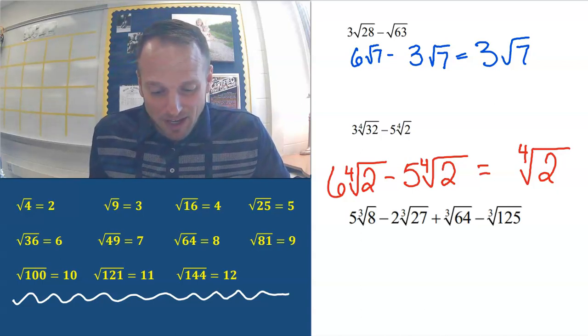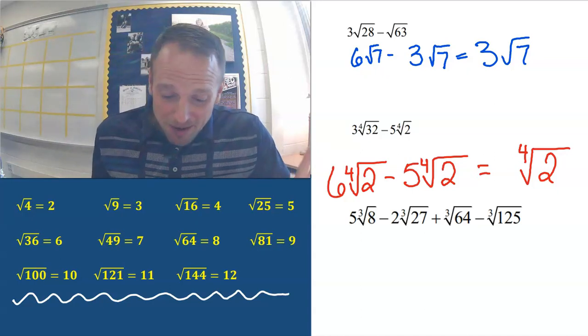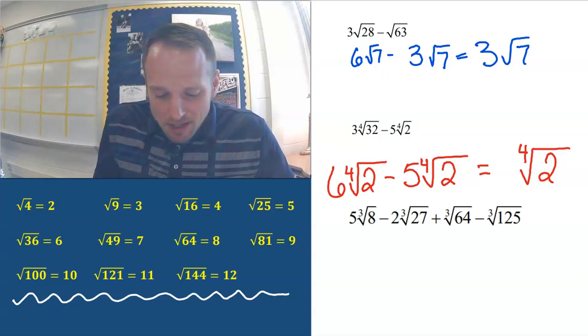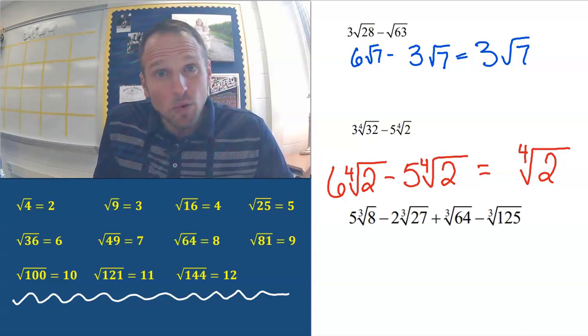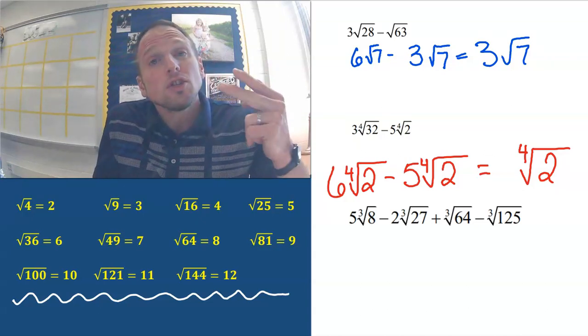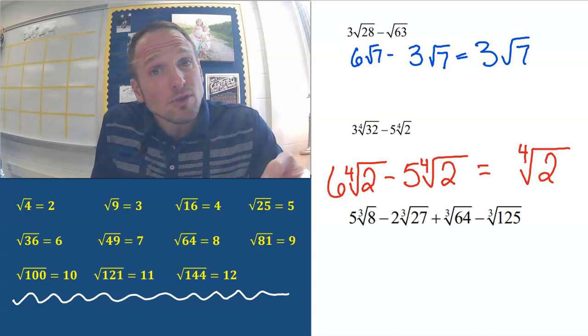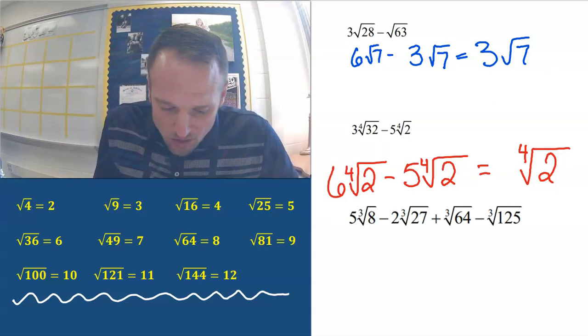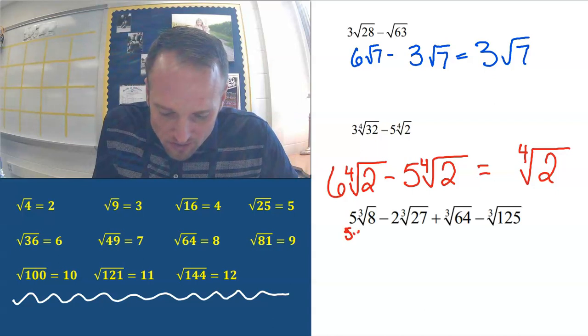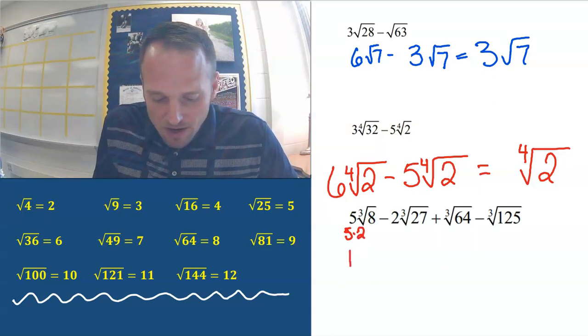Okay, you ready for this one? This one is going to be hard. Maybe it's going to be hard. Let's see. Because these are third roots, and the third root of 8 is actually 2. 2 times 2 times 2 is 8. So this is just 5 times 2. 5 times 2 is just 10.